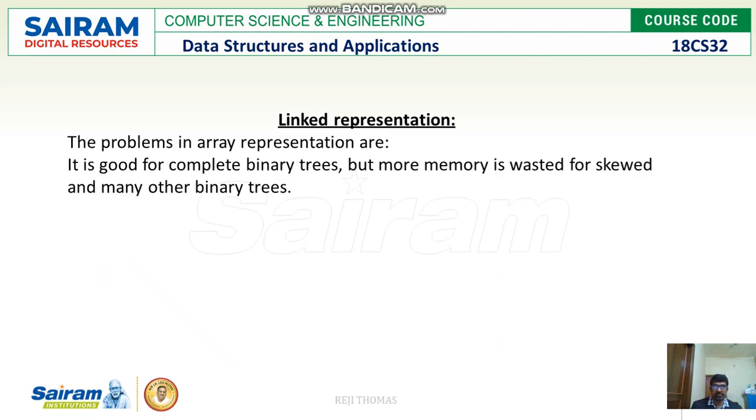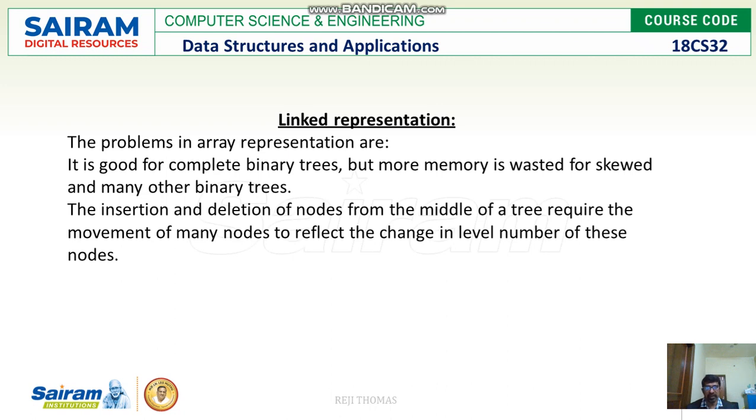Before we see the actual linked representation, let us see what the drawbacks of array representation are. What happened with the array representation? So much space got wasted. That is the first thing. And the second was it was difficult to insert or delete an element in the middle of a tree.